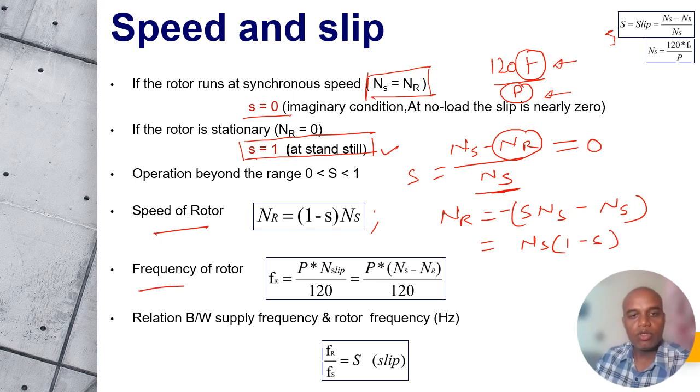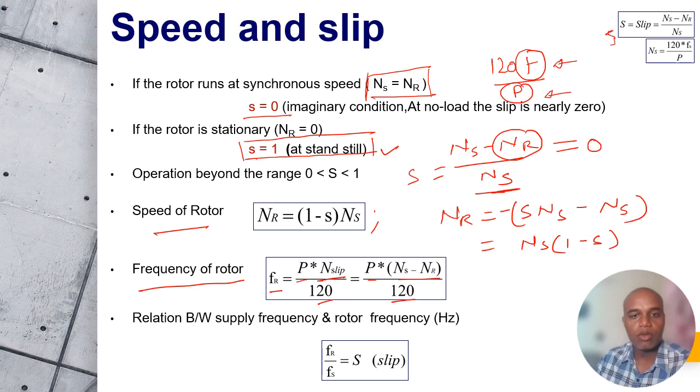Now the frequency of the rotor. The supply frequency I'm giving goes to the stator winding, and my rotating magnetic field also rotates at the same frequency as the supply, but the rotor frequency is given by fr equals (Ns minus Nr) into P divided by 120.